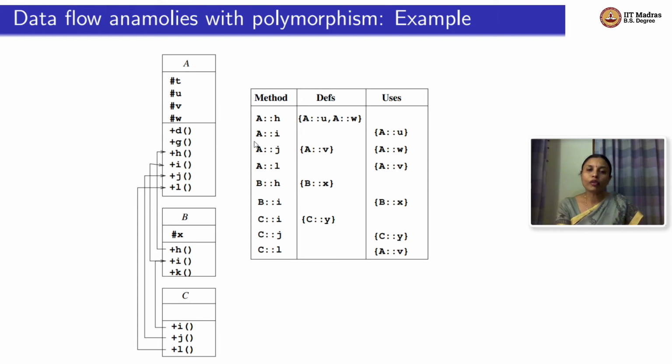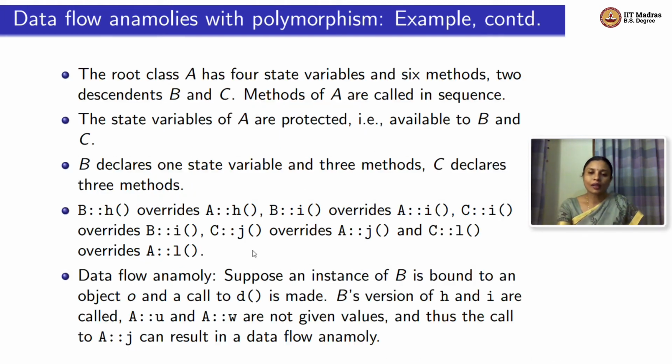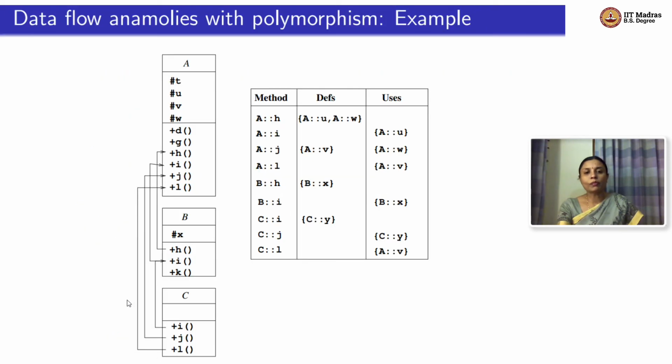But now if you see, for A's version of I and A's version of J, U and W need to be defined, which were correctly defined by the method H in A, but they weren't defined by the method H in B. The method H in B only defined X. The method H in A was the one that defined U and W, which was needed by the method I to use. But now, because an instance of B was bound to an object O, the problem was B's version of the method H was executing.